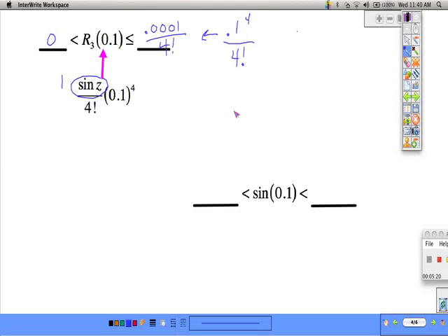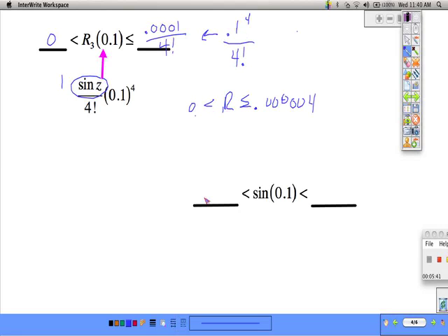So that means our remainder needs to be less than or equal to 0.000004 and greater than 0.